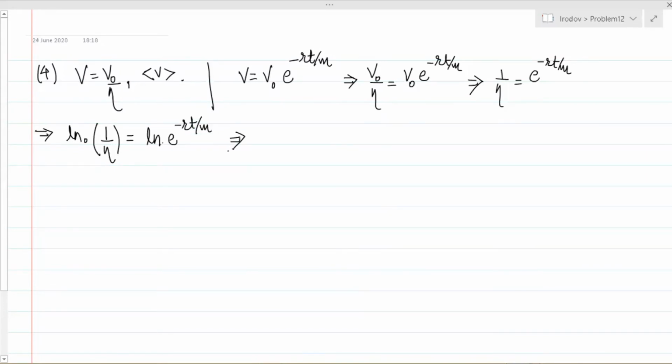For those of you who don't know what natural log is, it's simple logarithm with the base e. E is the Euler's number. Now ln 1 by eta can be written as ln eta to the power of minus 1, which can also be written as minus ln eta. Ln e to the power of minus rt by m turns out to be rt by m.